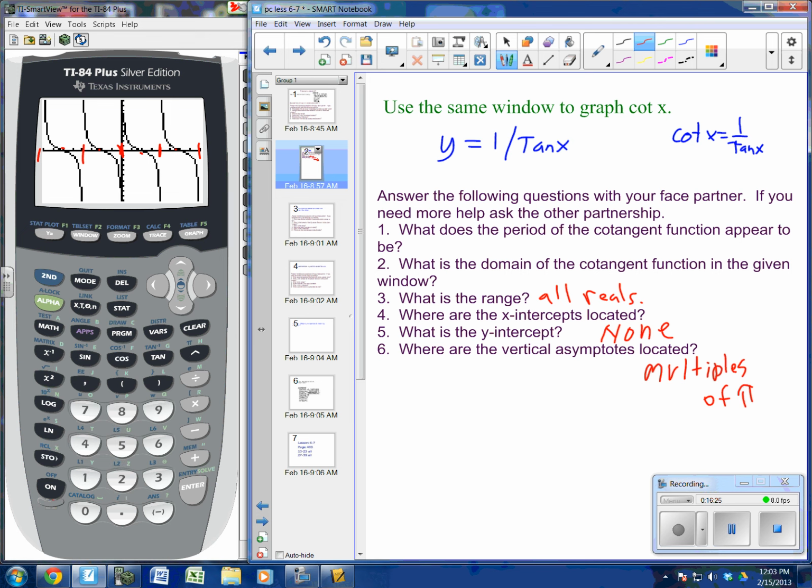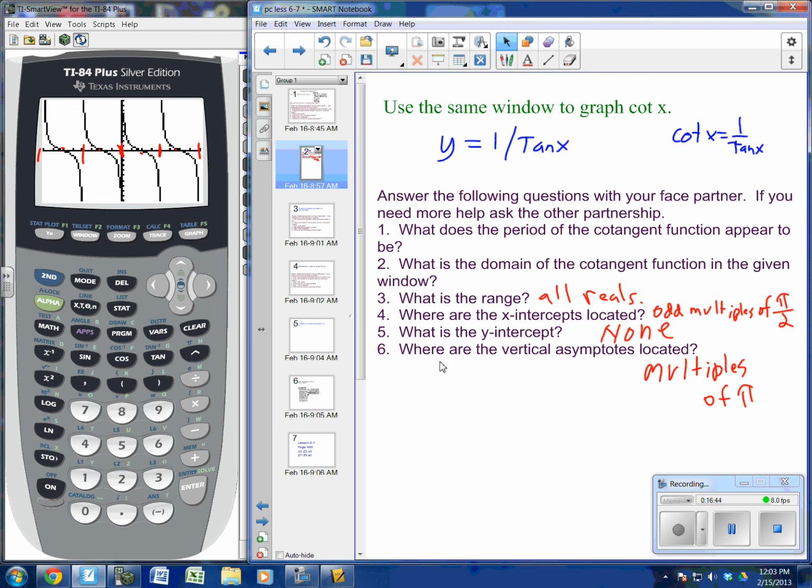Where are the x-intercepts located? Odd multiples of pi halves. Got it? You got all this down?